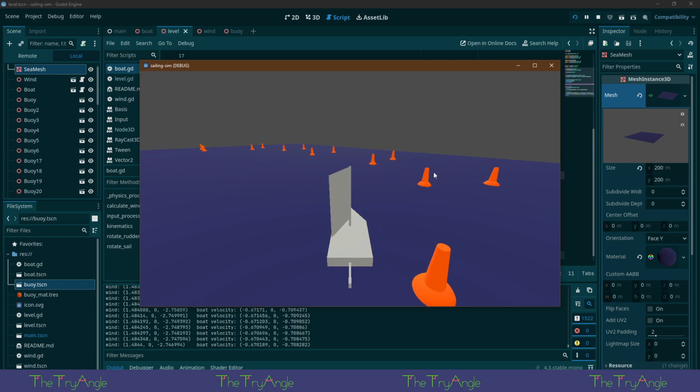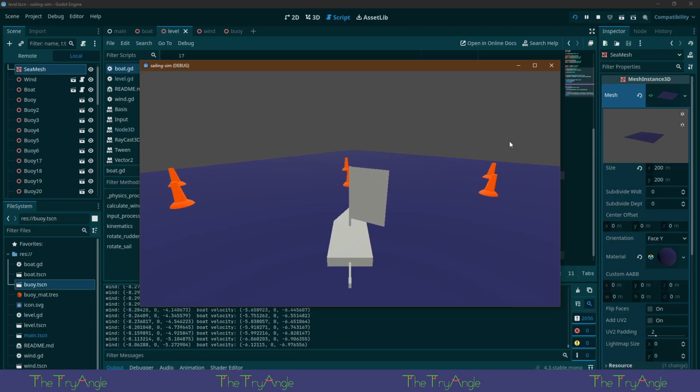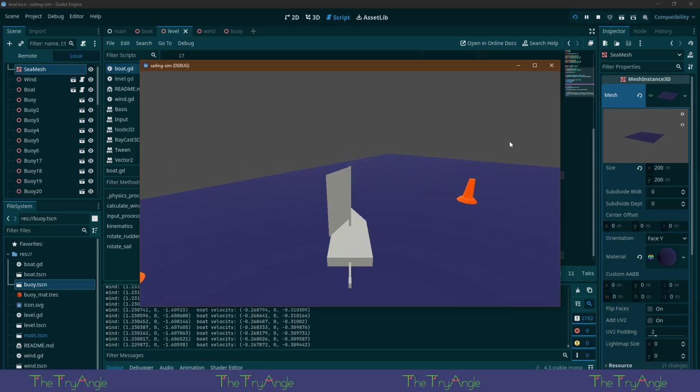Okay, we're getting a weird behavior. All right. We should not be moving because the wind, remember, the wind is pointed this way. Our sail's perpendicular to the wind. So if I do this, I should move forward. But I'm not moving forward. I'm moving sideways. And I want to know why.